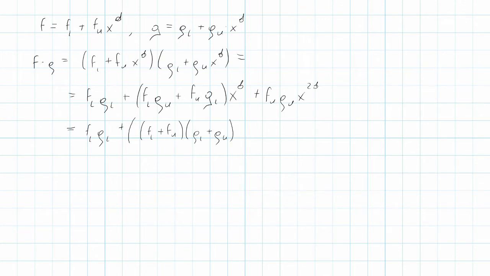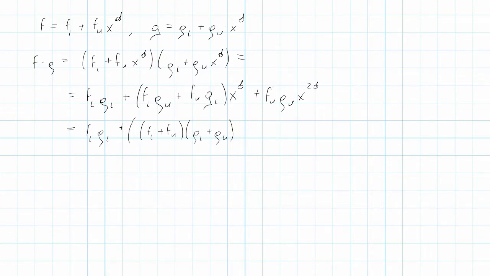What we get is we have fl gu. Okay, we should have fl gu plus fu gl, and we'll get it. Let me show. If I take here fl and here gu, then I will get this part. If I take here fu and here gl, I will get this part.